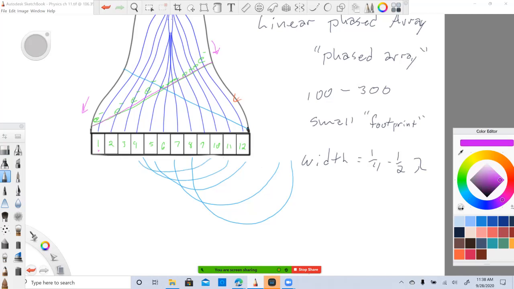Okay, once again. There's my wavefront. There's my electron wavefront. And now the beam is steered off in that direction.